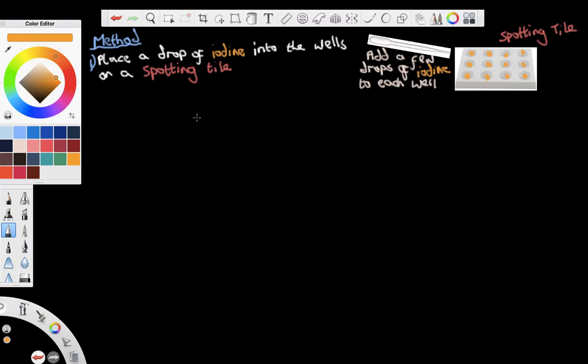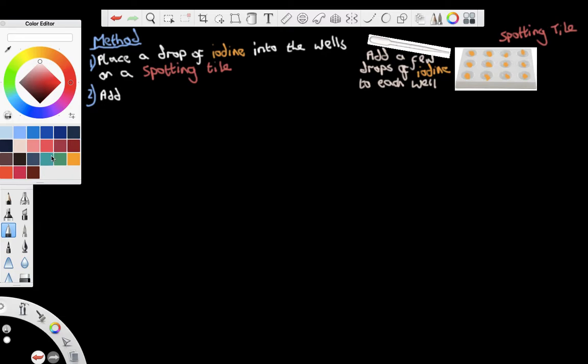is I'm going to take, so number 2, a boiling tube and add 1 centimetre cubed of amylase and 1 centimetre cubed of buffer solution.